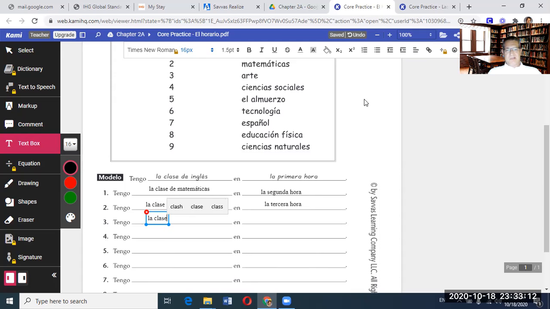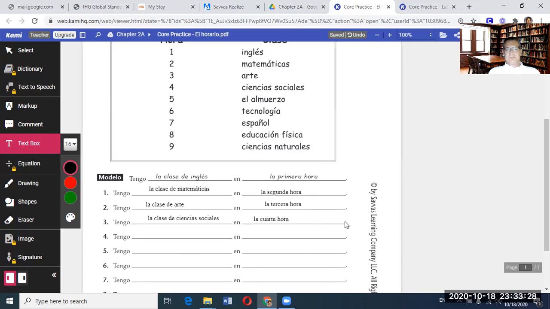What period? En la cuarta hora. In fourth period. En la cuarta hora. Number 4.